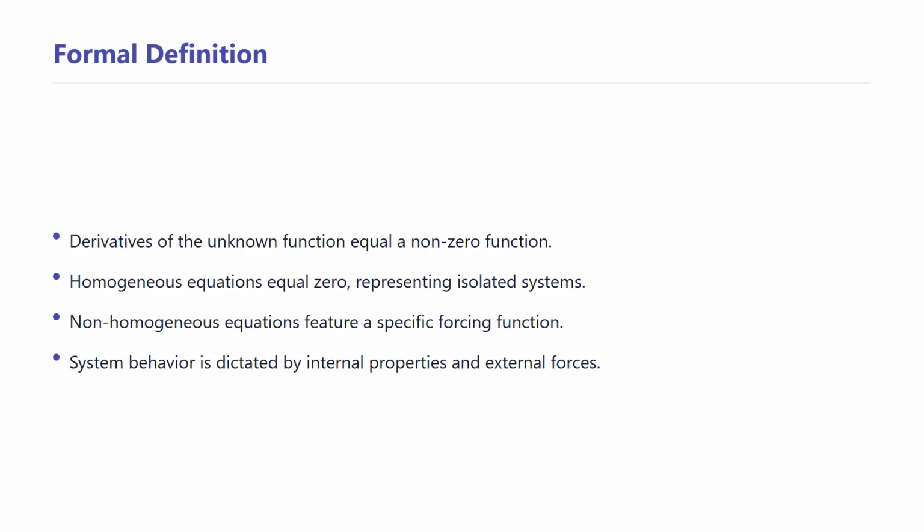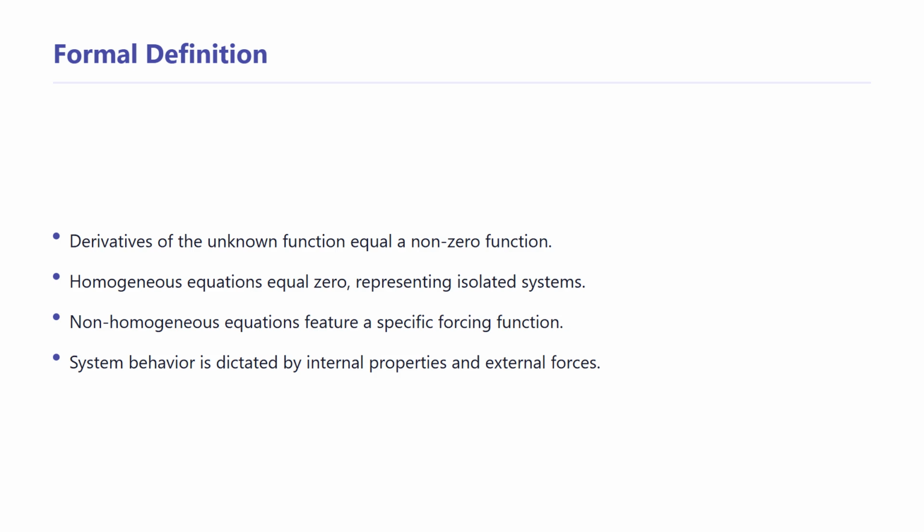Now that we have a feel for the physics, let us look at the formal definition. A non-homogeneous, second-order, linear ordinary differential equation is one where the derivatives of our unknown function are set equal to a non-zero function. Remember, in a homogeneous equation, the right side is always zero, which represents a closed, isolated system.